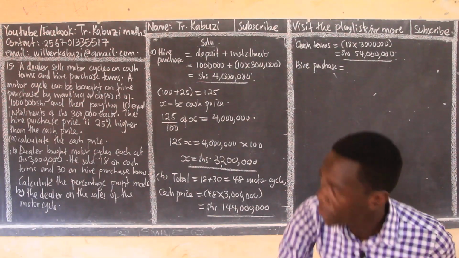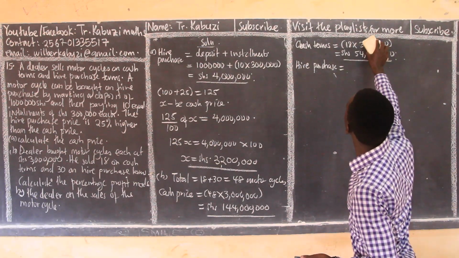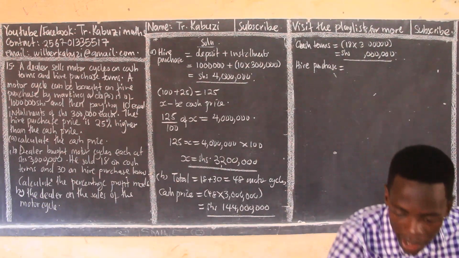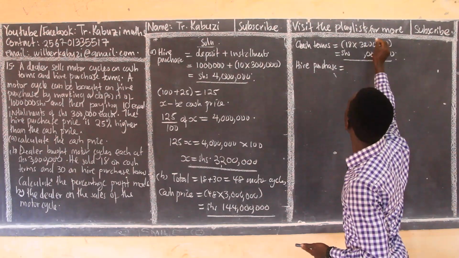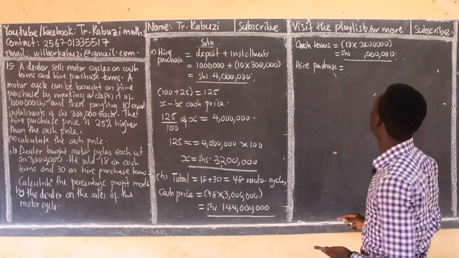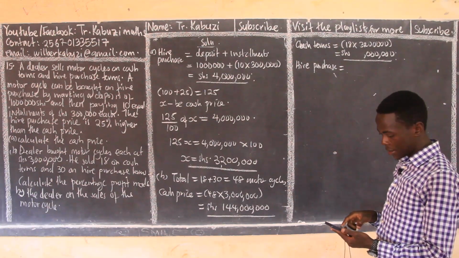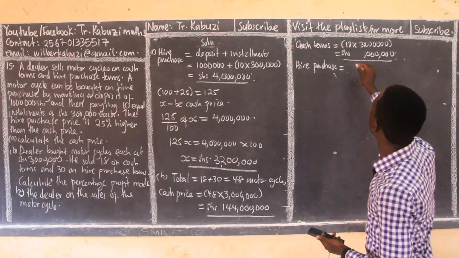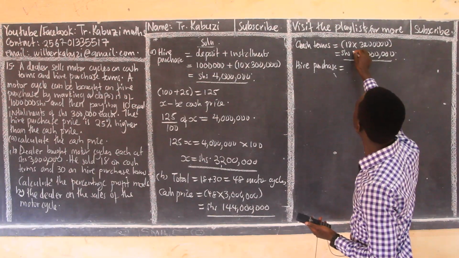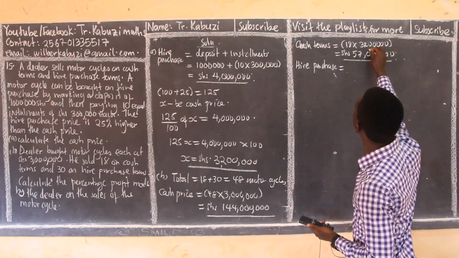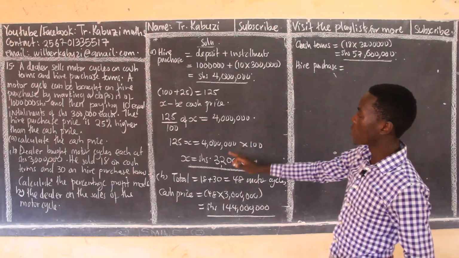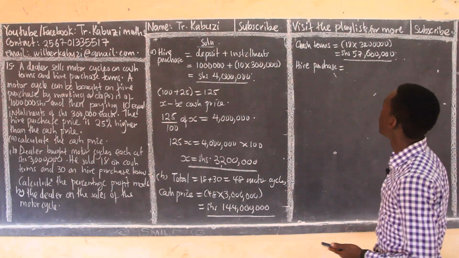Note that the cash price is 3,200,000, so this figure is not the thing. So the cash price is 3,200,000. If you multiply that, we get 57 million 600,000, because this is the cash that you pay if you buy it.